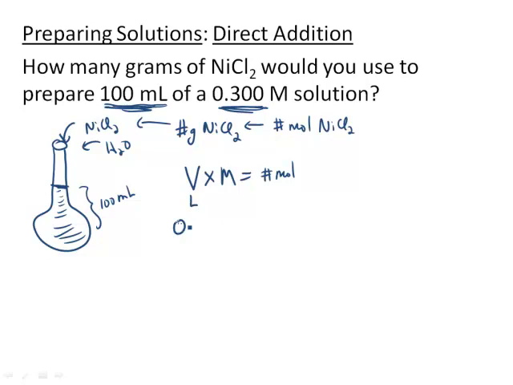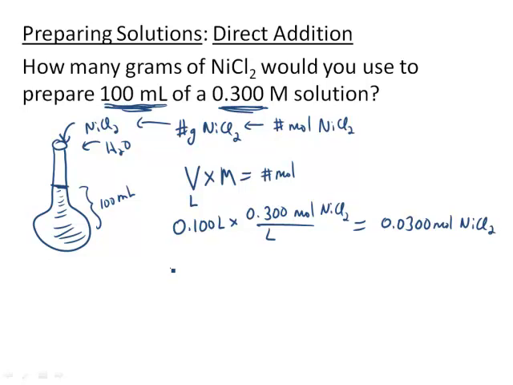And so we have 0.100 liters times 0.300 moles per liter of nickel chloride. And that comes out to 0.0300 moles of nickel chloride. Now you can't weigh out moles of things directly because the scales don't have moles on them.